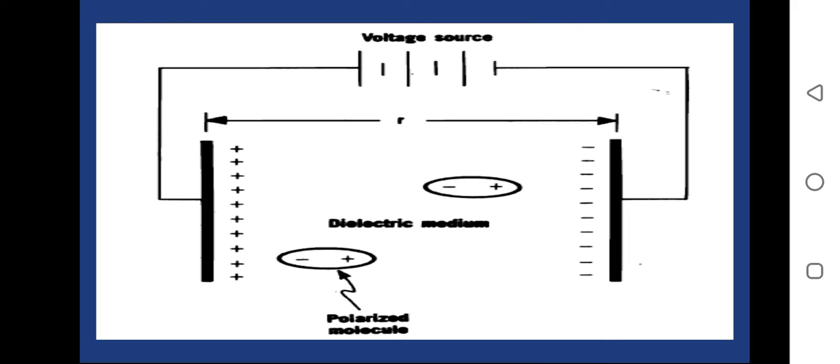Whatever the liquid or material for which we have to determine the dielectric constant, depending upon the charge present on that material, there is a separation of charge towards the oppositely charged plates. Positive will move towards the negative and negative towards the positive, so there is a polarization of the molecules.